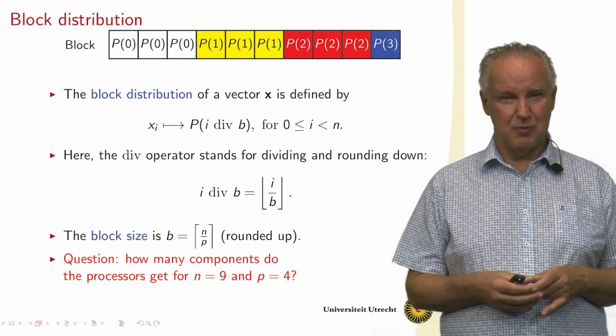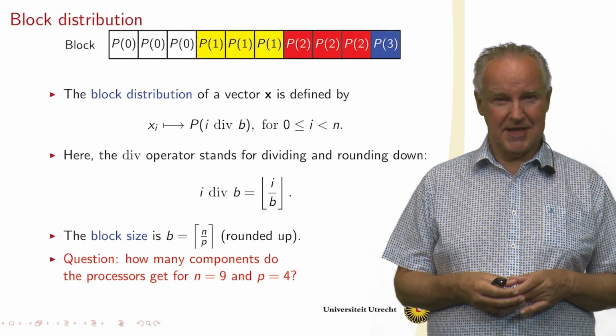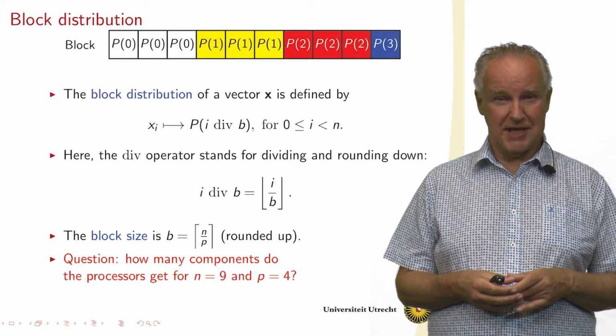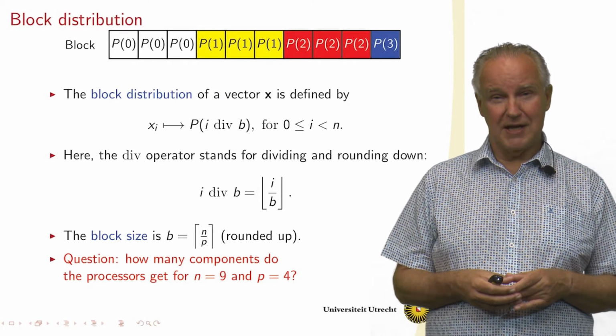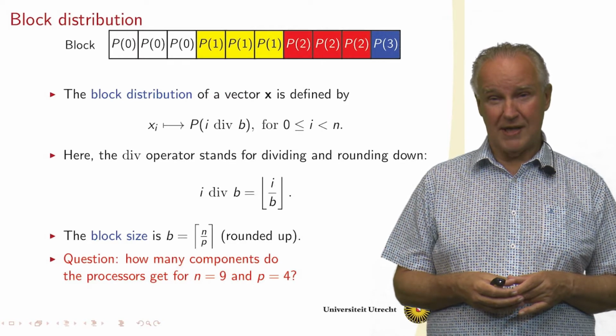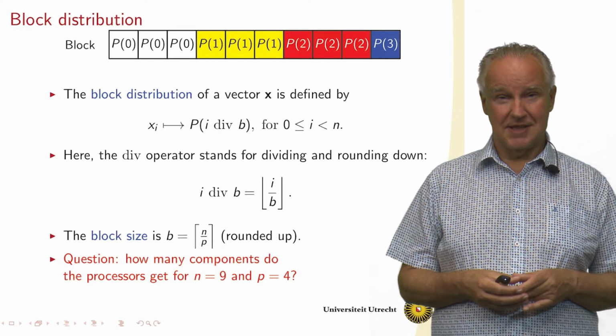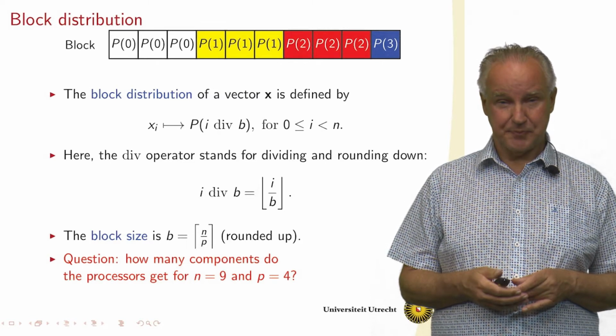An example would be component 5, in this case we have a block size of 3. Component 5 would be 5 divided by 3, which is 1 if we round down. So then processor 1 would get that element.